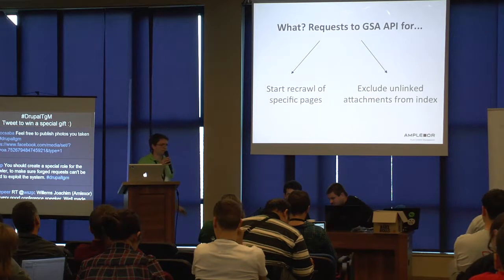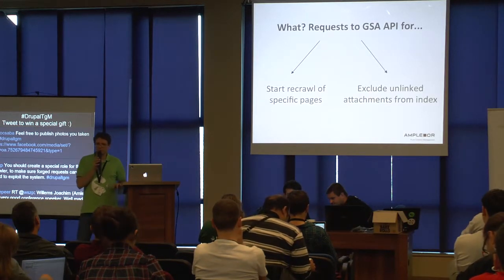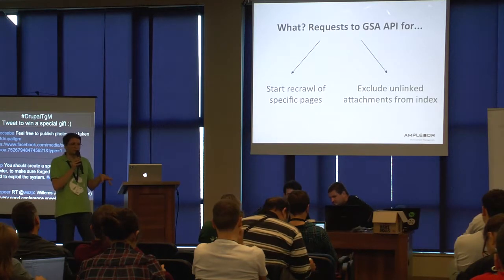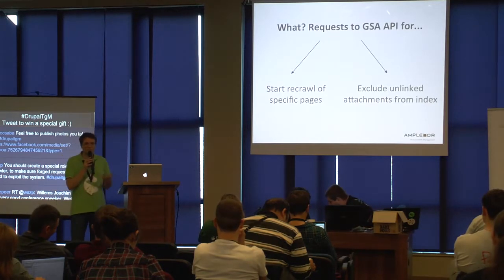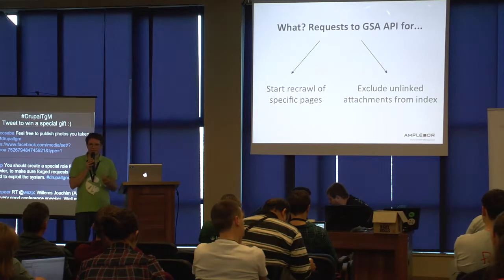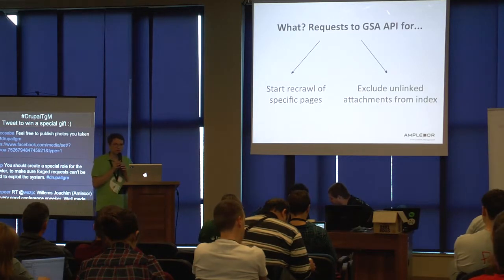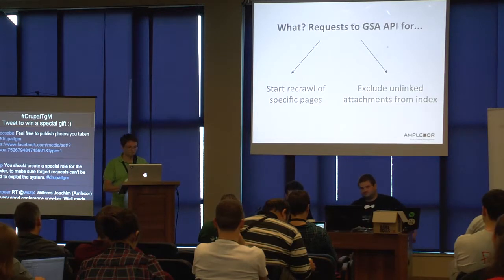Because once the appliance knows that an attachment is on the web server, it will keep serving it. For instance, if someone removes in Drupal an attachment from a node, it doesn't mean that it's removed from the server, so the appliance is still finding the attachment and still showing it in the results. So we needed some API requests to have it removed once a week.